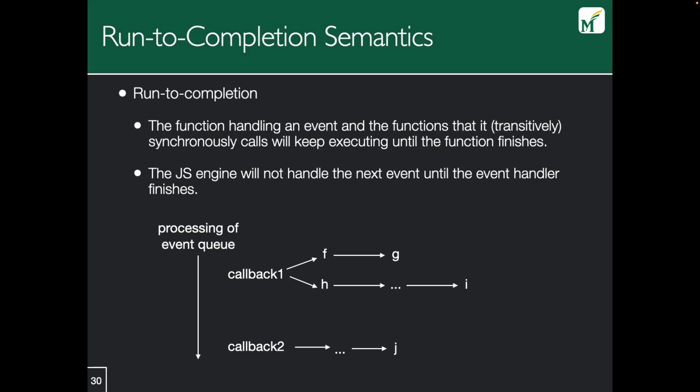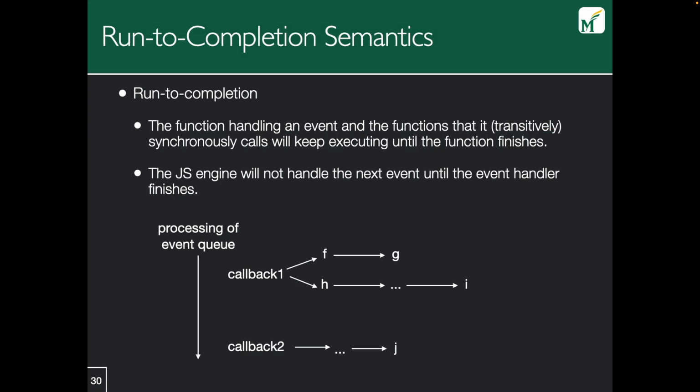So let's say we have our event queue here on the left, and we have several normal statements of non-asynchronous code that are getting executed. But then we have a couple asynchronous callbacks as well. If we have this first callback, it's going to call function f and then g and then h and then i.